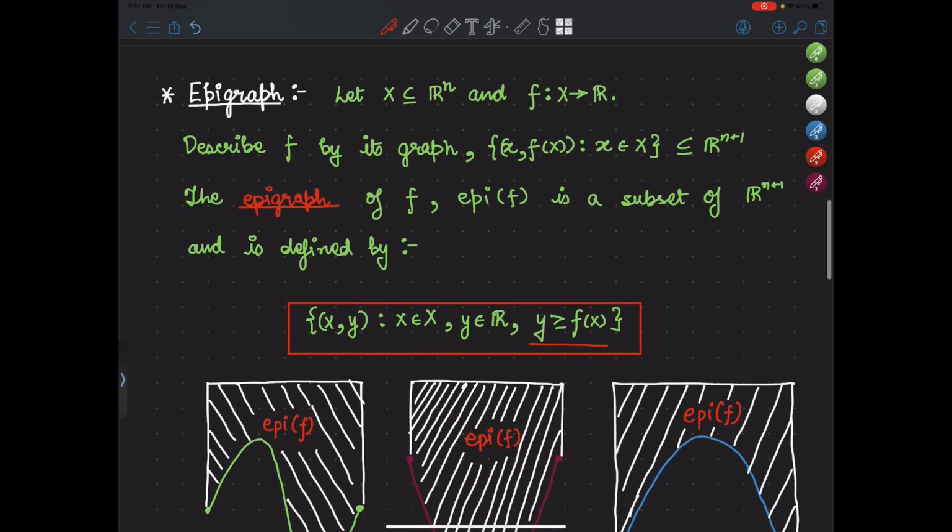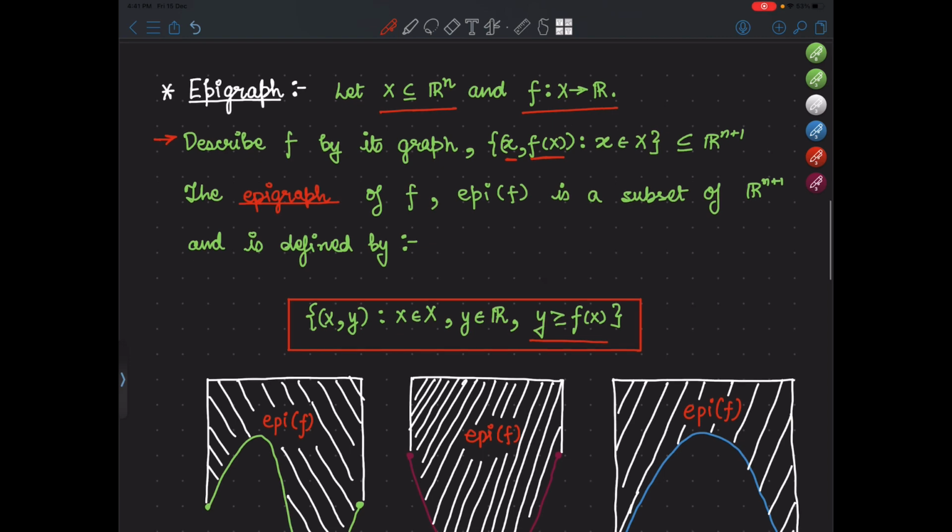We also discussed what the epigraph of a function is. Let X be a subset of n-dimensional real space, and f be a function from X to R. We can always describe a function f by its graph, which belongs to R^(n+1), in which we plot x, the input vector, and f(x), the output.